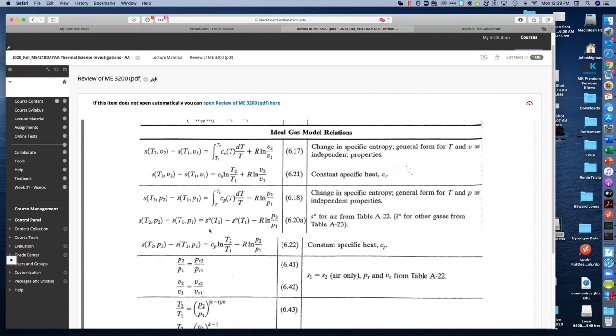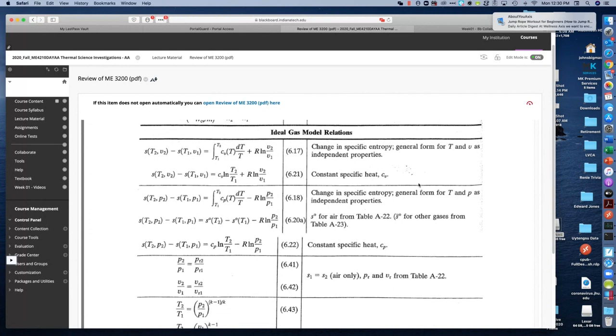Because we know the C sub p is a function of temperature for air, that can be evaluated and tabulated such that for a given temperature, we can determine that value, and that would correspond to a reference pressure of 1 atmosphere. So that number can be obtained out of the tables, and then you have the pressure effect.